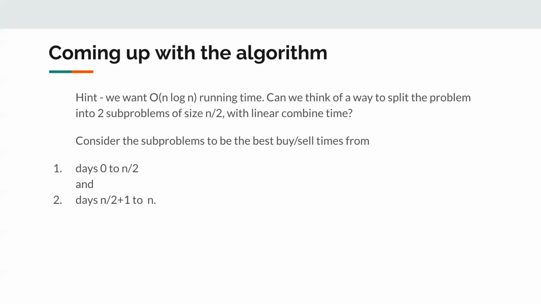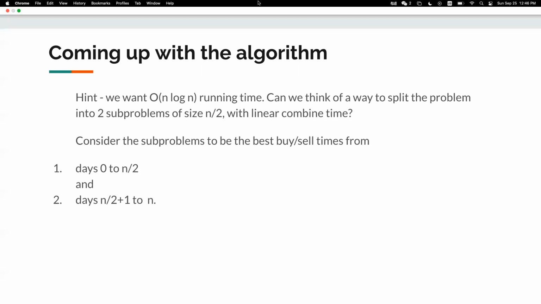Let's say that is the optimal answer, in which case we can just use the answers from our subproblems. But then the tricky case is, what if the best time to buy falls between days 0 to n over 2, but the best time to sell falls in the second half, essentially.